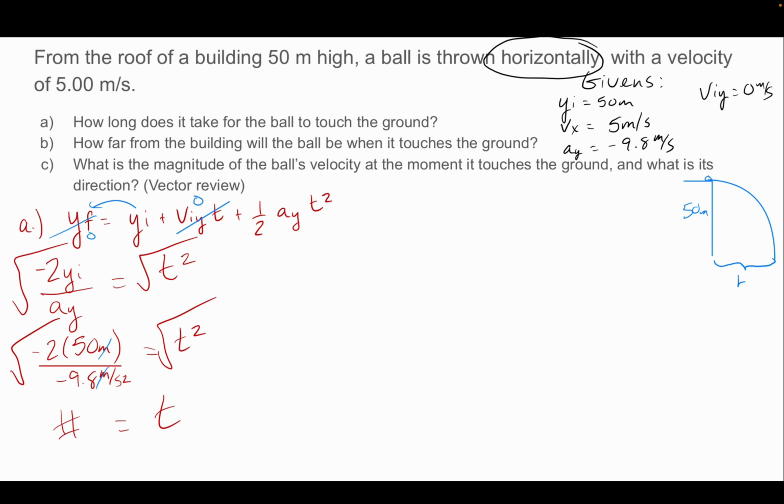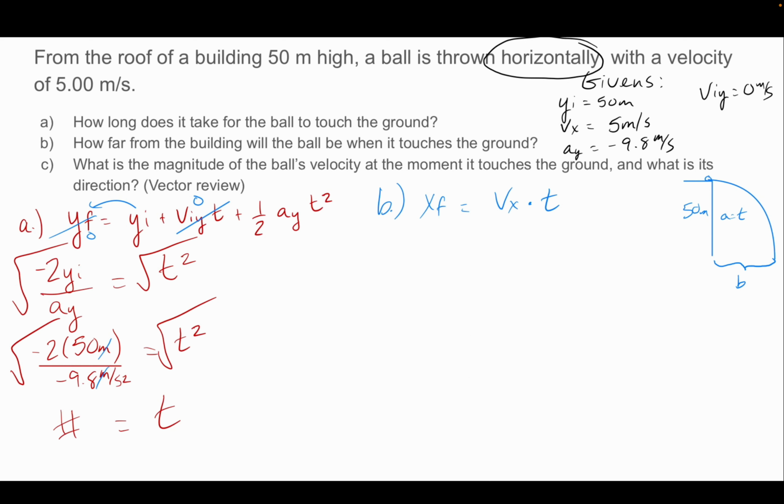This is B, right? A was time. B is the position change in the X. And C is going to be the rate at which it's falling right before it hits the ground. So for B, that is going to be nothing more than X final is equal to Vx times T that you just calculated.